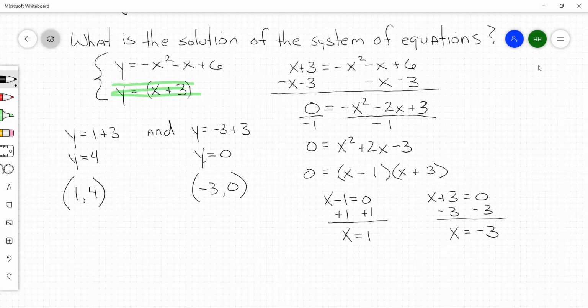So the second type of problem you're going to see in your assignment today will look like this. And again, you're finding the solution to the system.